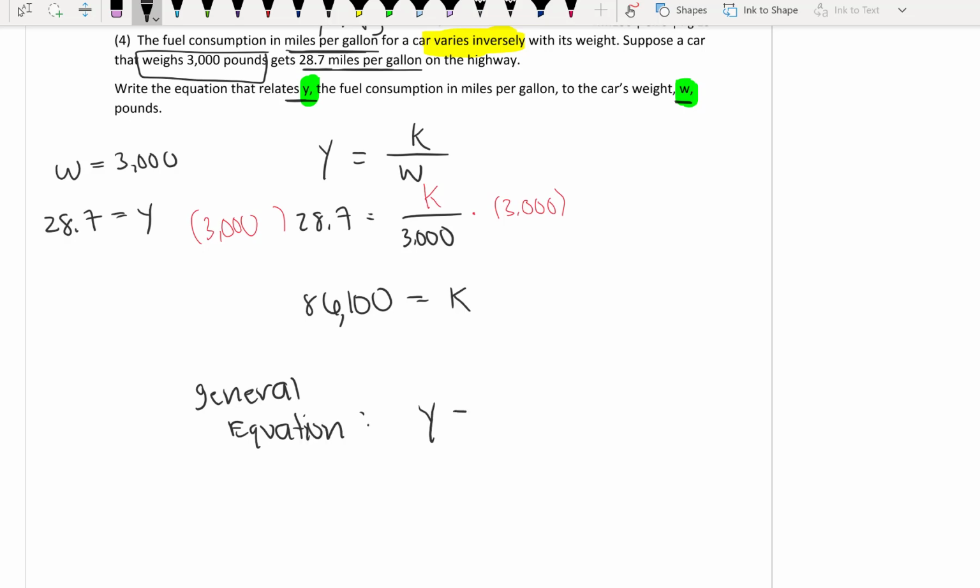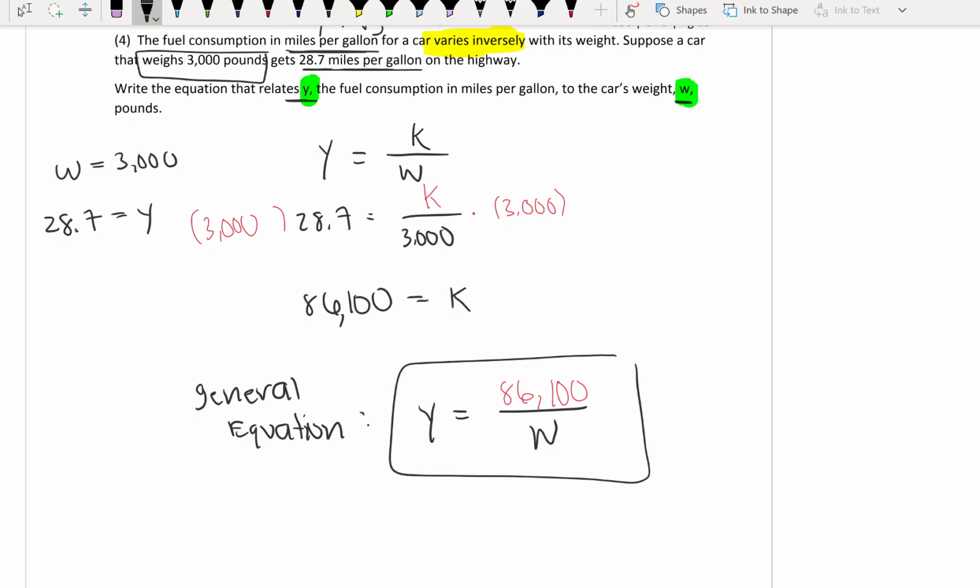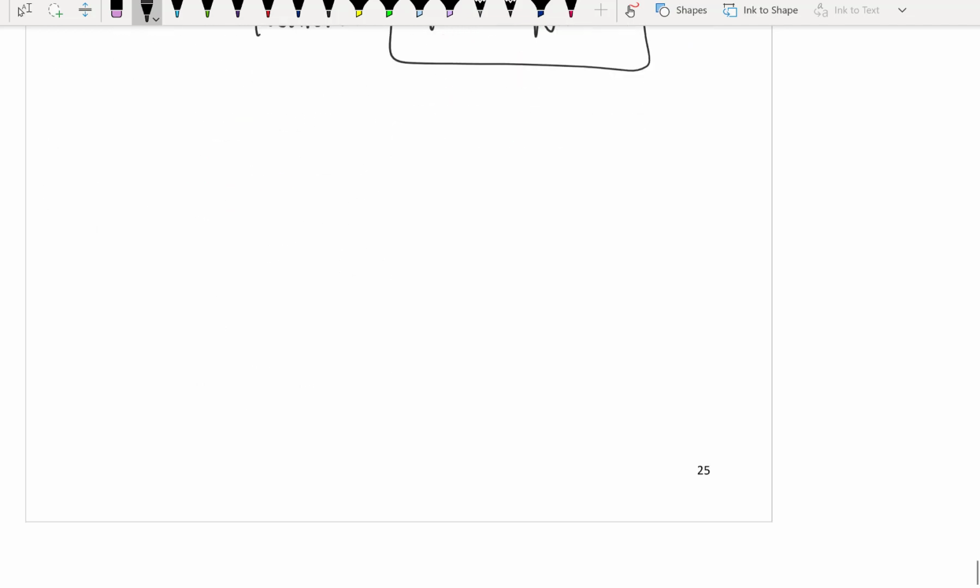So I have that y is equal to, and that k value that I just found was that 86,100 over my w. Okay. Again, they just want the general equation, so that is my general equation. All I needed to do was use that k value, and that gives me my general equation.